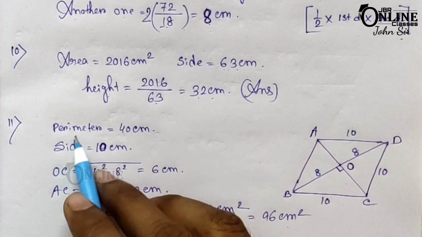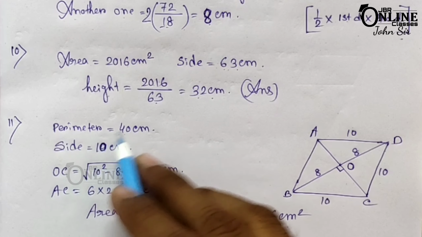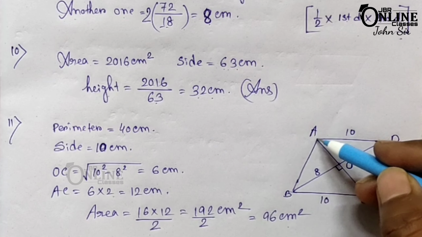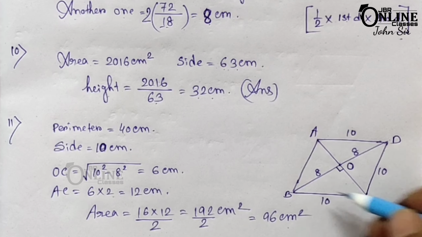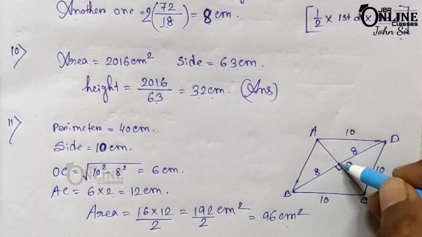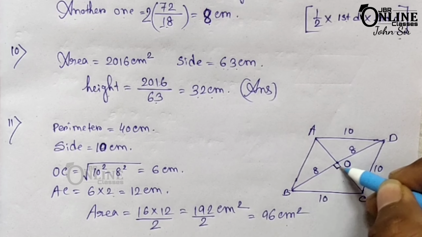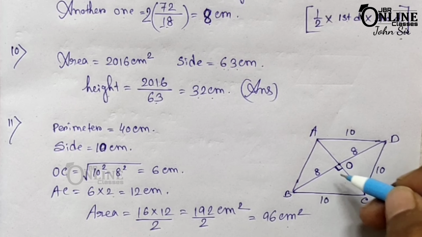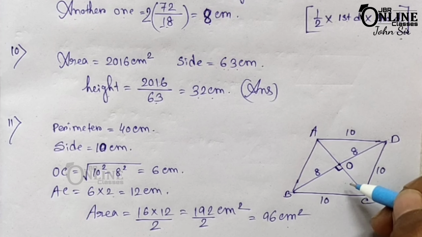Now as perimeter equals 40, side equals 40 by 4, that becomes 10. So here BC, CD, AD and AB are all 10. Now in this triangle BOC, if this angle equals 90 degree, then it's a right angle triangle. And in this right angle triangle, you can easily apply the Pythagoras theorem. What is Pythagoras theorem?